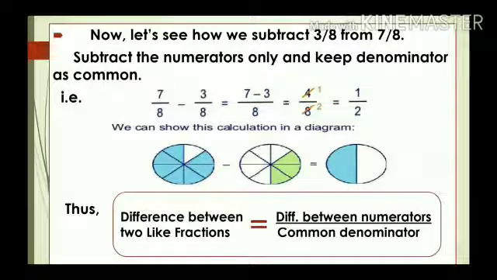So when you subtract both of them, you get 4 parts out of 8. As you can see, 4 upon 8 is equivalent to 1 upon 2. That's why the figure shows the fraction 1 upon 2. Thus, you can say the difference between two like fractions is equal to the difference between the numerators upon the common denominator.